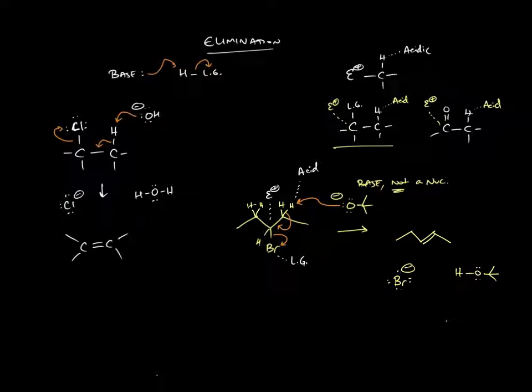Okay, those are our reactions for today. Let's summarize this really quickly, and then we will be done. To summarize, we are looking at electron-rich species sharing electrons with electron-poor species.